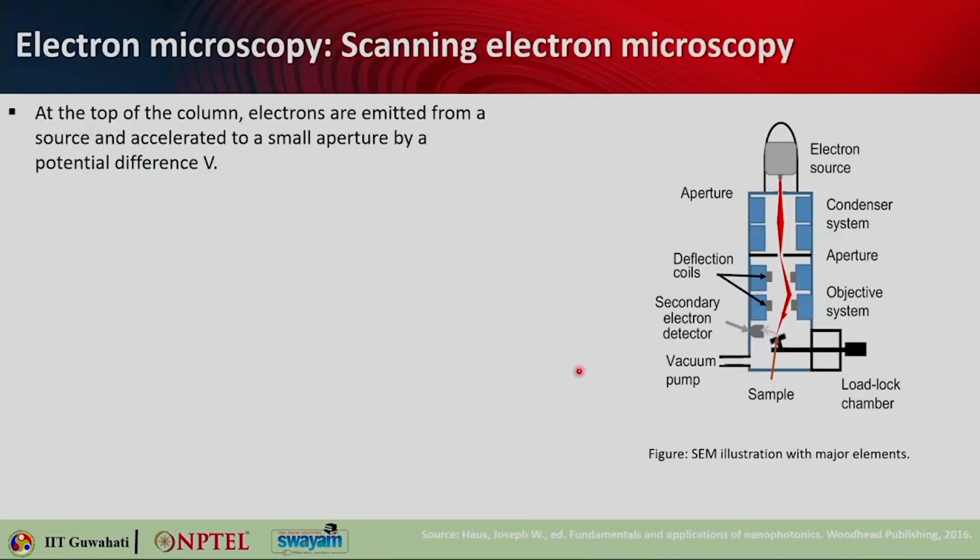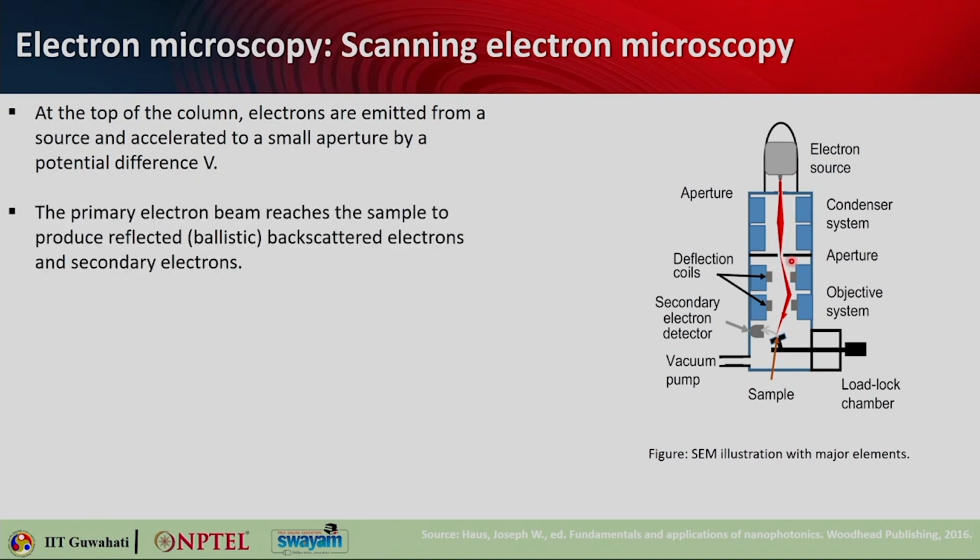Fine. Now, this particular figure on the right shows an illustration of how the SEM machine looks like. At the top of the column you can see there is an electron source. Electrons are emitted from here, and accelerated to a small aperture by the potential difference V, and you can see that the primary electron beam reaches the sample. This is where the sample is kept.